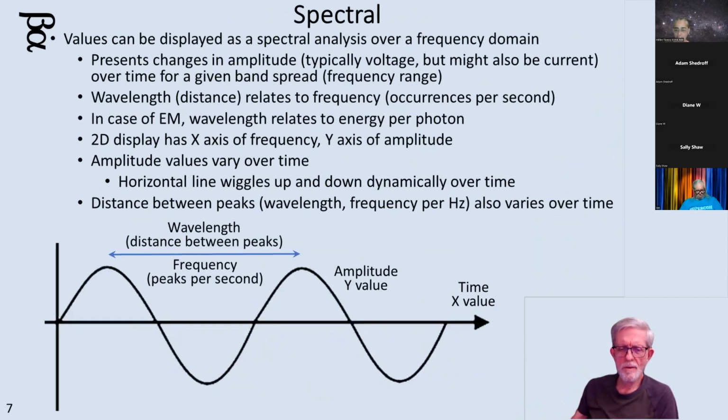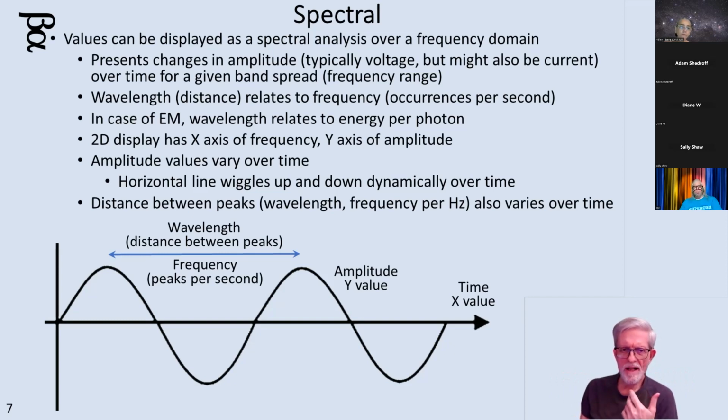So the first way of showing it besides just raw numbers is a spectral analysis. So the distance between peaks and valleys is a wavelength. And then the occurrence of those over a period of time is frequency. So if you were looking at something that was a fixed sinusoidal wave, the wavelength wouldn't be changing.